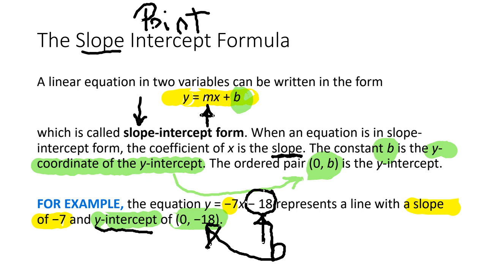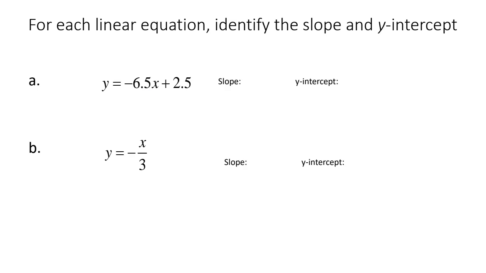Now, these next two slides are very nice. They are going to ask you to use this form, and there's a couple of quirks to it that I've got to show you. Now, this is asking you to identify the slope and the y-intercept.